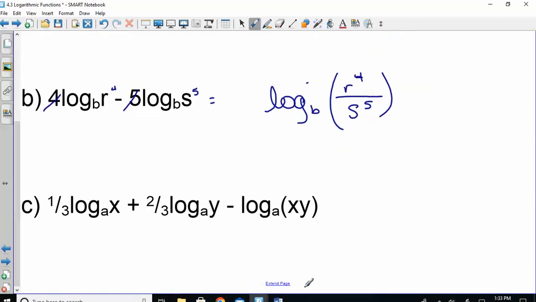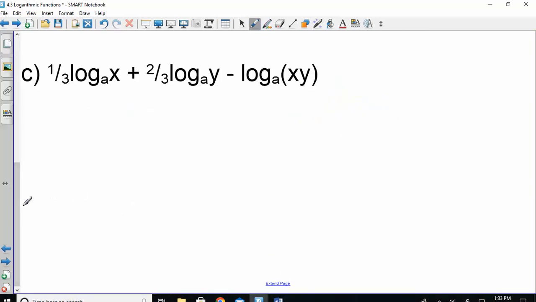All right, one more. So this 1/3 would turn into an exponent.